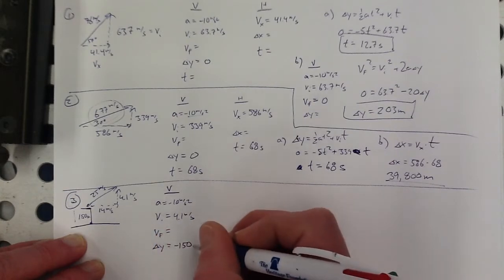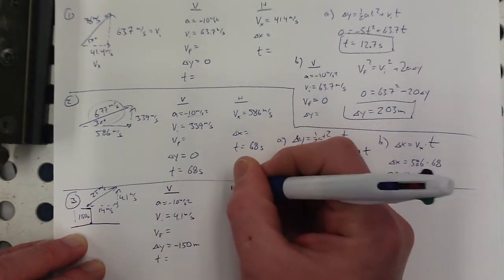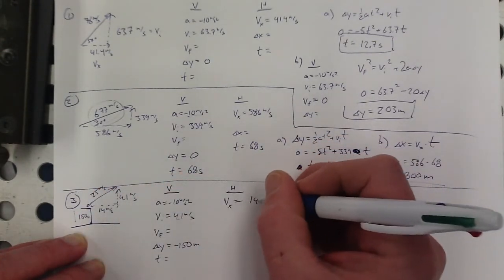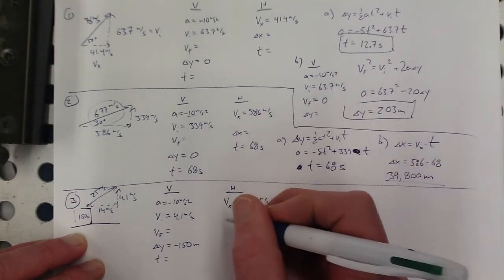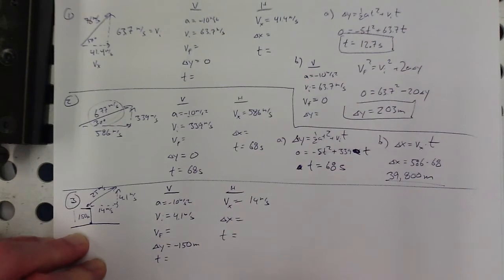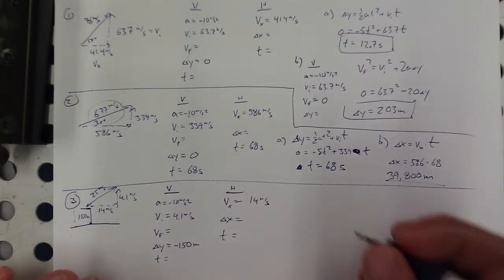A lot of the time our delta Y's are negative, so be on your toes. Make sure you don't miss that. VX is 14 meters per second, and delta X. So I'm going to find how long it will be in the air before it hits the ground.